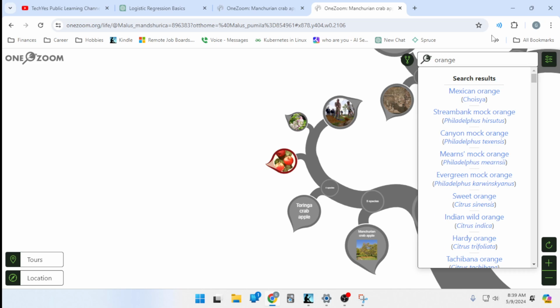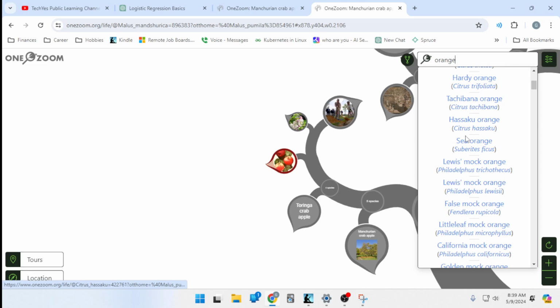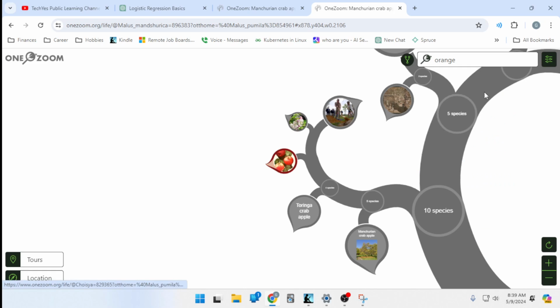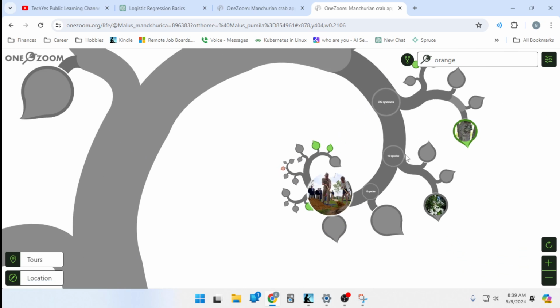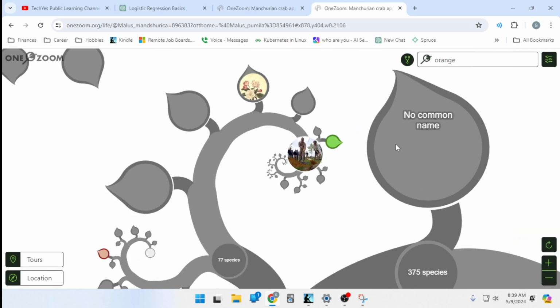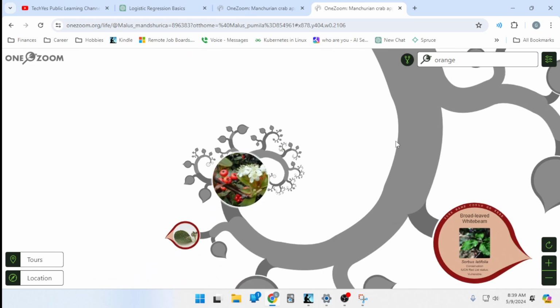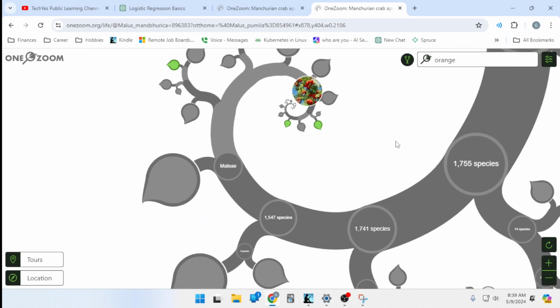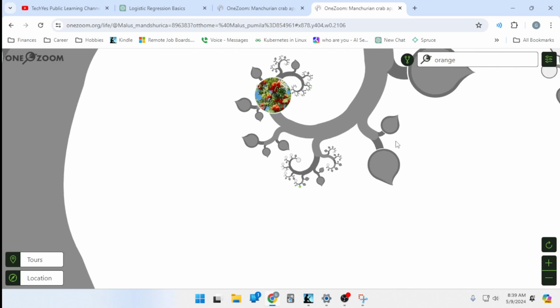So you can see it should be pretty easy to form connections this way. So let's do a California, well, let's just do a Mexican orange because that's the first one. So we can already see apples and oranges are quite a bit different.